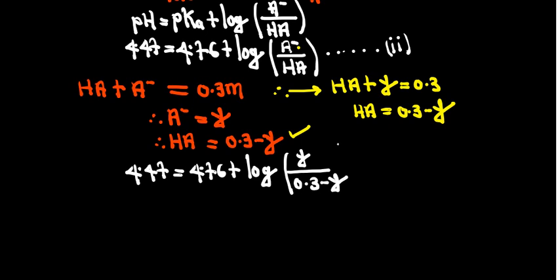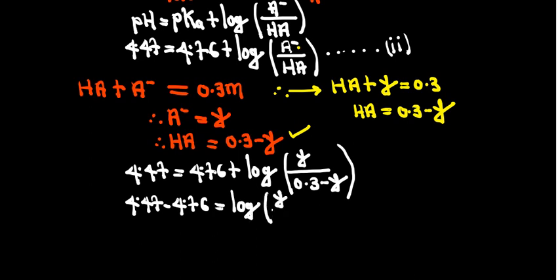Now I do have like terms here. 4.47 can be subtracted from 4.76, so I can collect that. I'm going to have 4.47 minus 4.76, which is equal to the log of, open brackets, Y over 0.3 minus Y. I'm still trying to prepare this buffer.